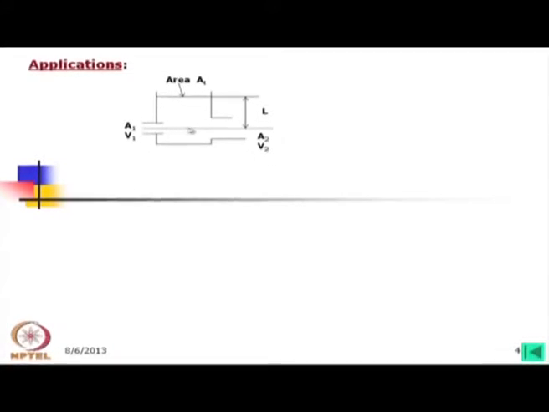This means that along this line, when the flow is going in, velocity is V1, flow is going out, velocity is V2. Area of this outlet is A2, area of this inlet is A1, and AT is the surface area of this vessel, and L is the height from this datum line.